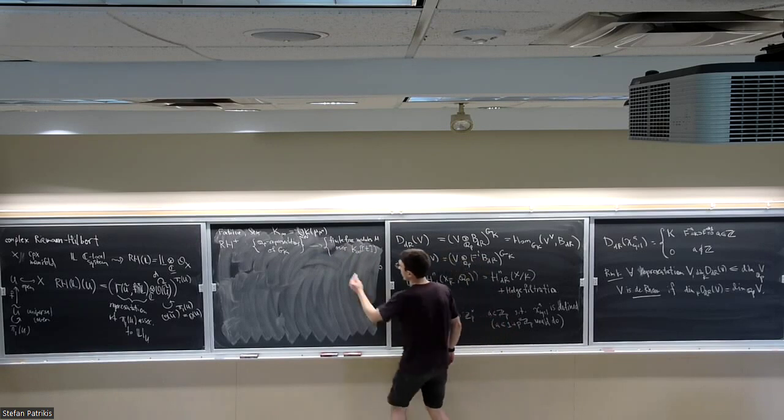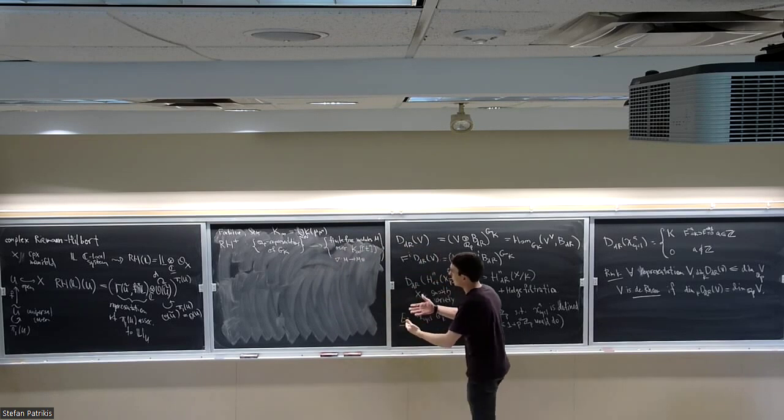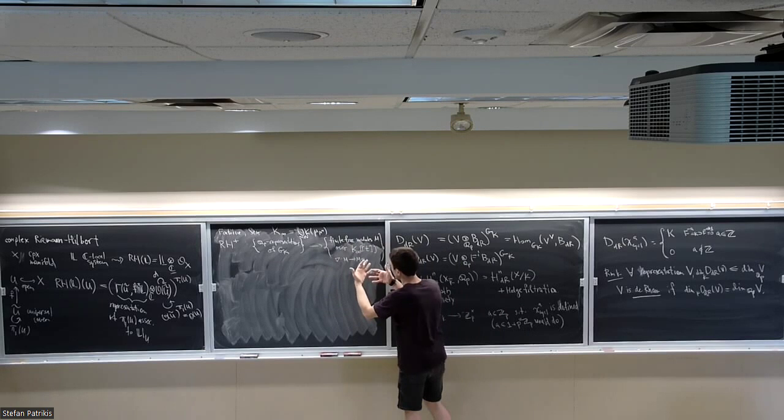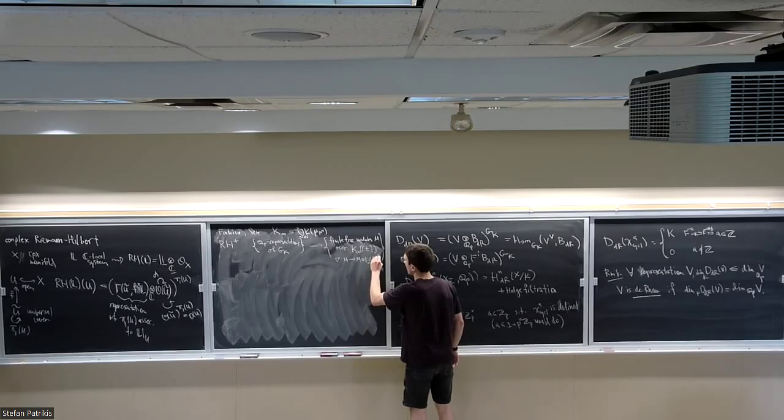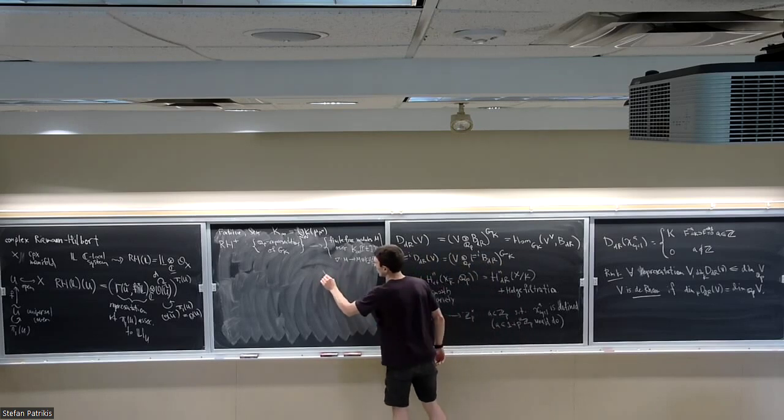equipped with, maybe somewhat surprisingly, a flat connection. Well, flatness is immediate here. So it's a map from M to M tensored with a free module of rank 1 generated by dt over t. And this should satisfy the property that connections satisfy, the Leibniz rule.